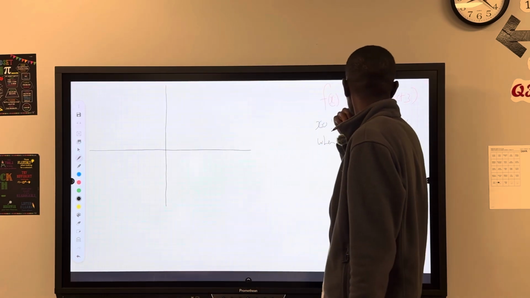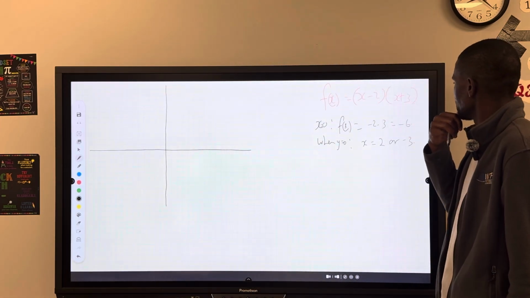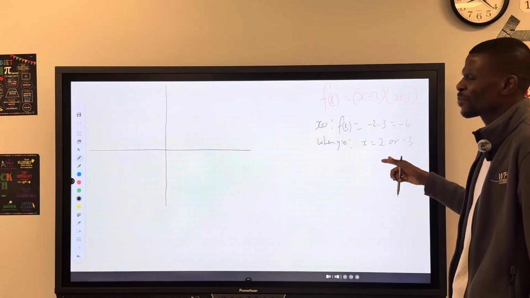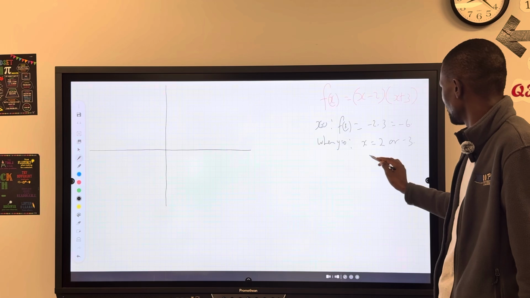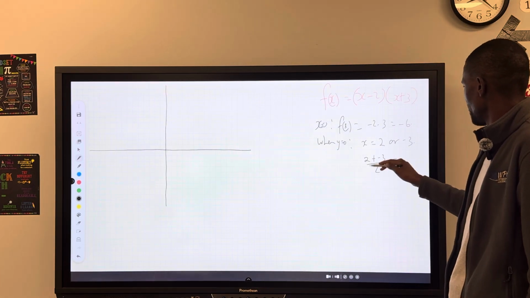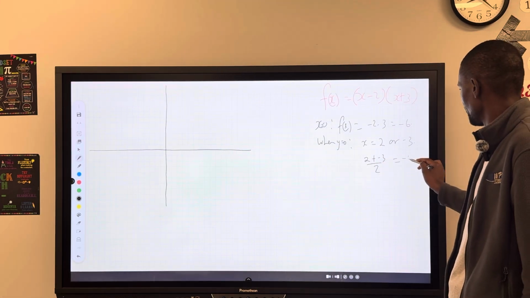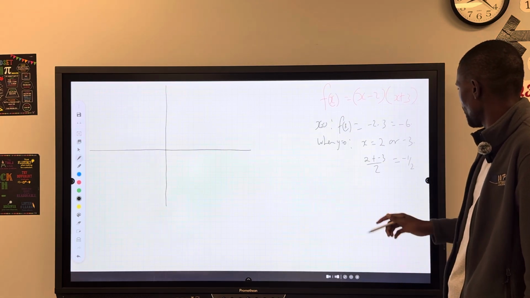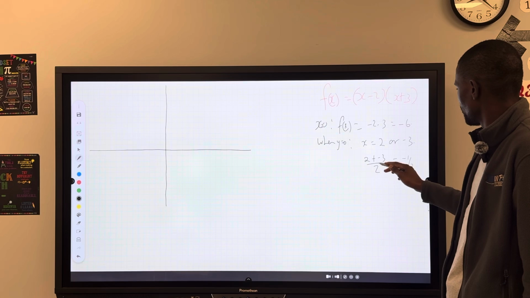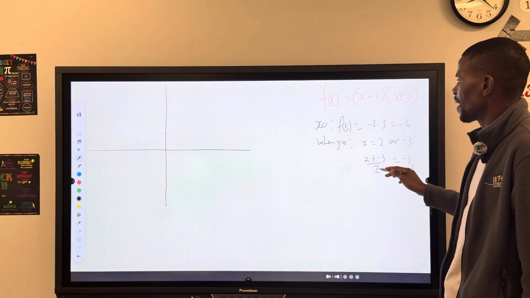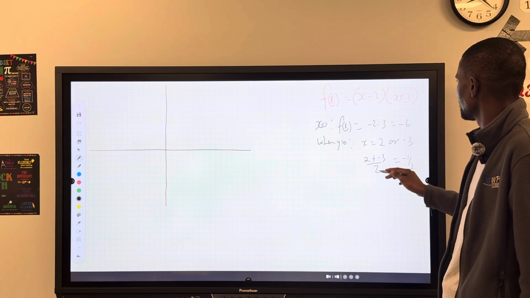There is also one thing that we need to find, which is the vertex or the turning point. To find my turning point, I'm going to add 2 and negative 3, so 2 plus negative 3 divided by 2, my vertex is going to be at x equal to negative 1/2. So at negative 1/2, that's where the turning point is.